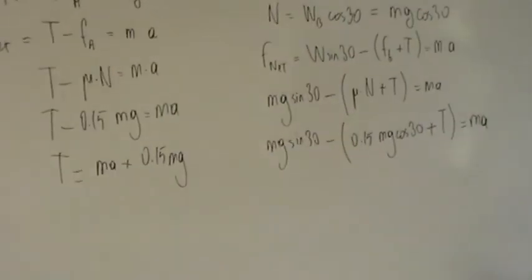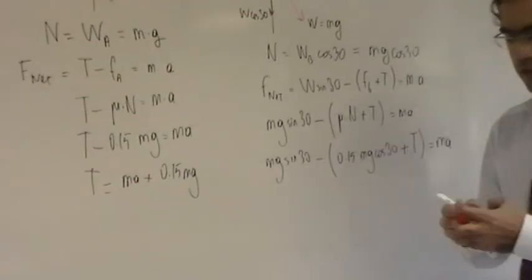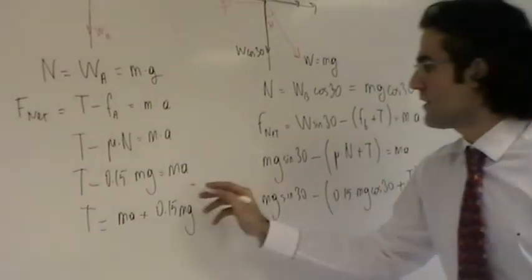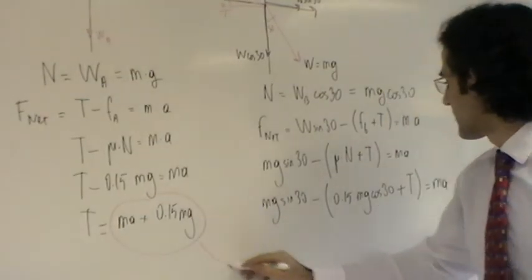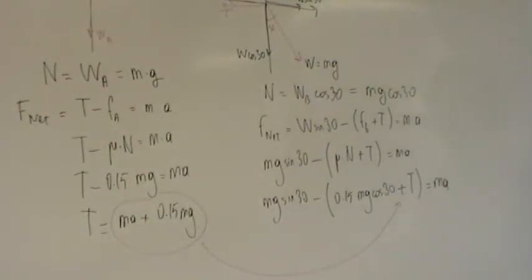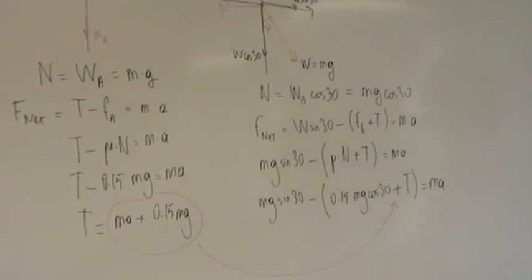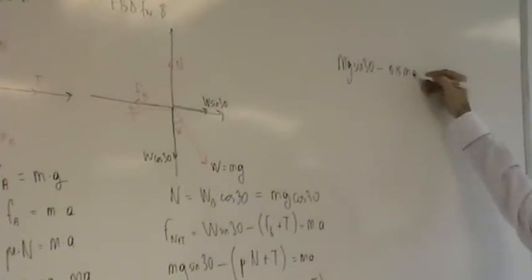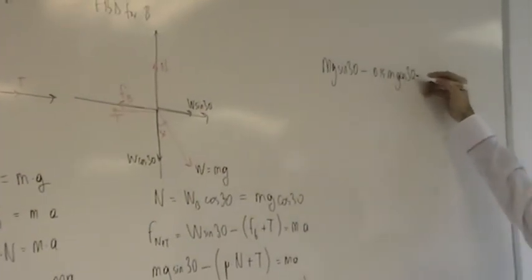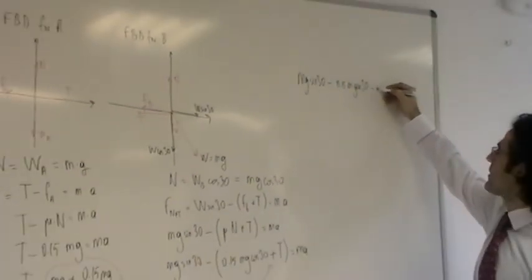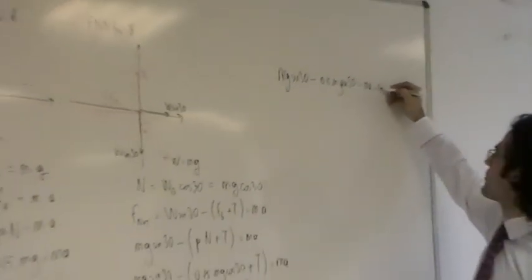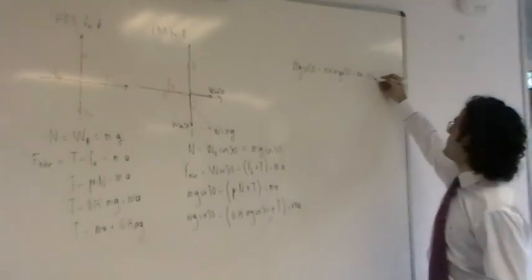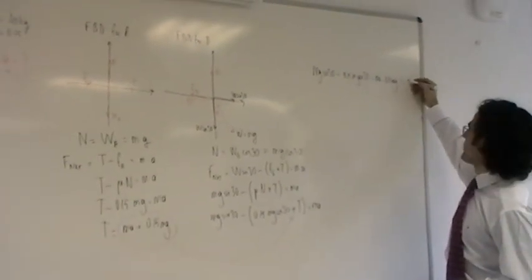I can also insert the expression for T that I found from object A in this equation to find a, the acceleration. Now mg sine of 30 minus 0.15 mg cosine of 30 plus tension, that is plus ma plus 0.15 mg, will be equal to ma.